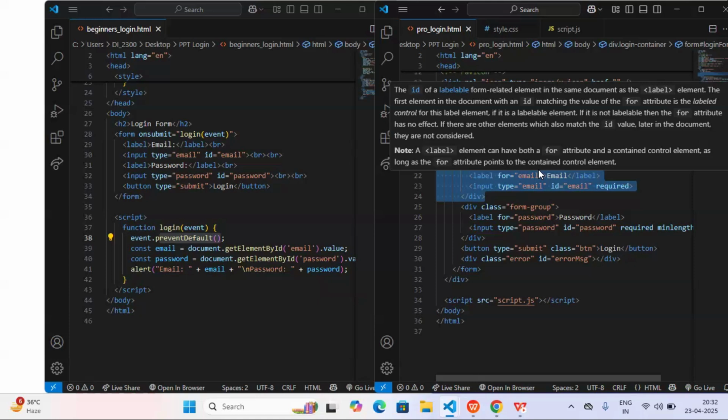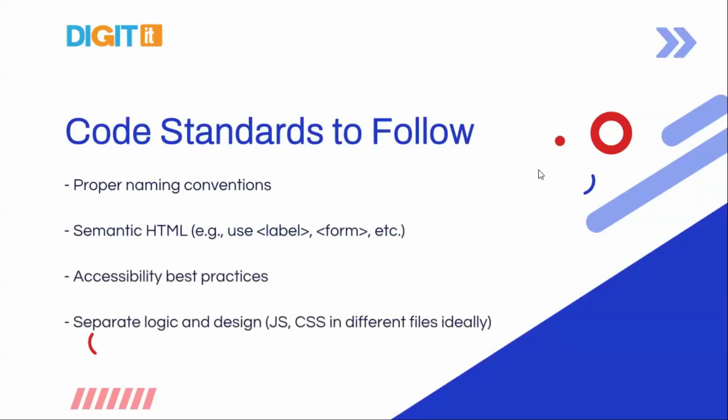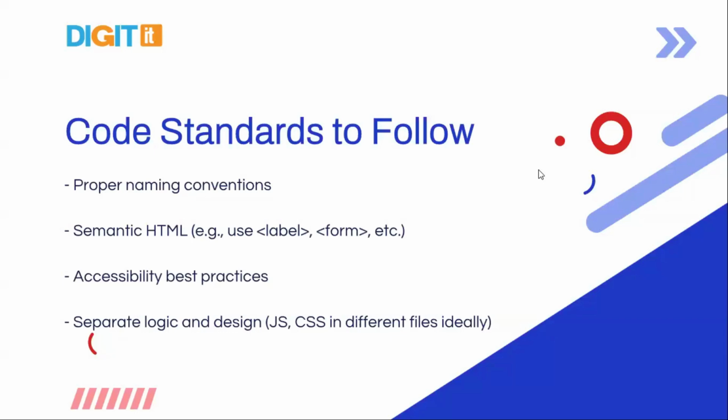layouts. Next we are going to understand the accessibility practice and separating logic and design files here. When you are going to apply JavaScript or CSS here, you need to apply them in separate files. That will be happening in a code base here. This code base is going to be helpful to maintain the coding standards.